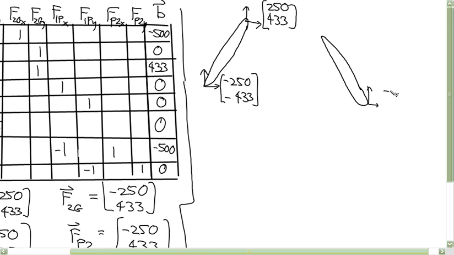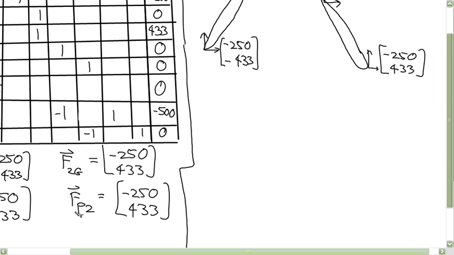So down here we know we have negative 250, positive 433. And up here, the force is F2P. We didn't solve for that one, but we solved for FP2, okay?